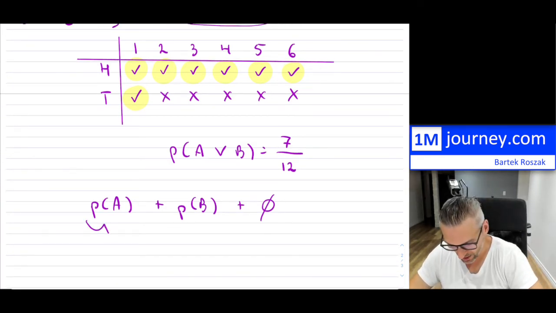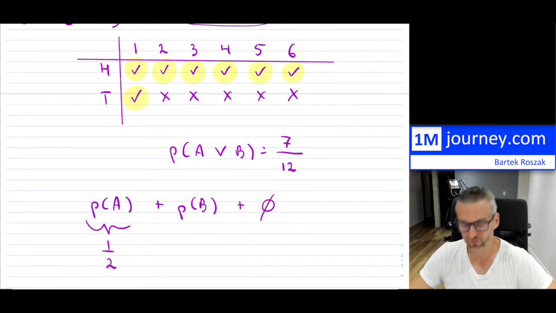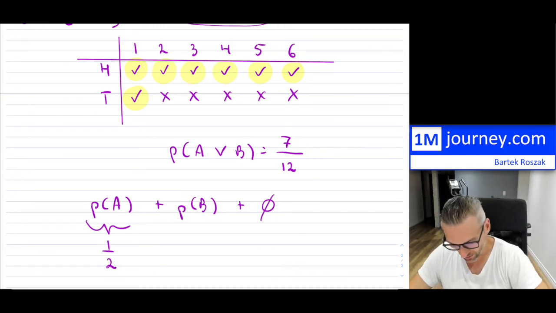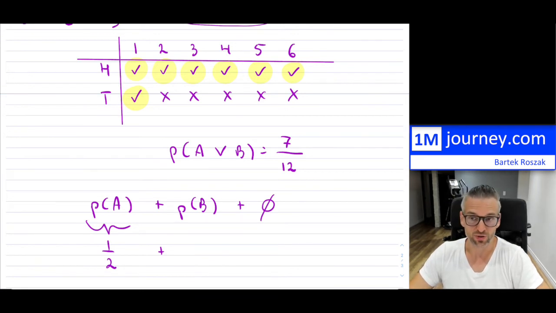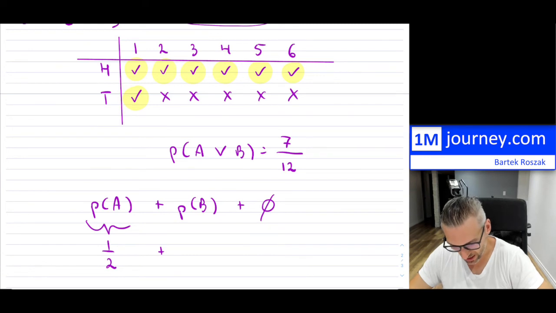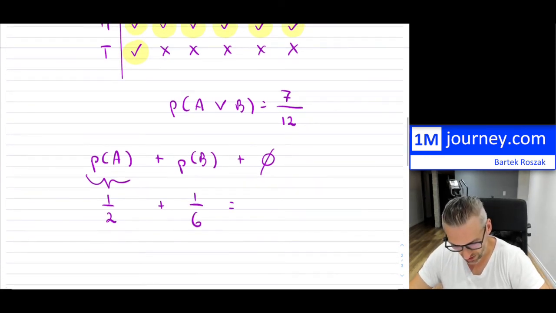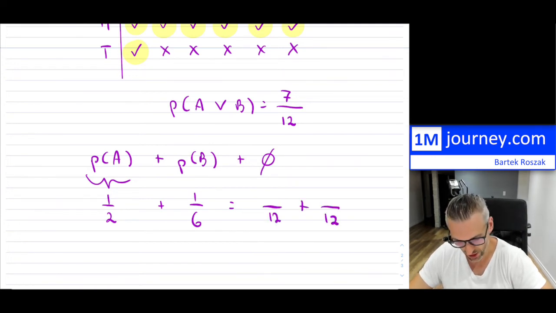Because the probability of A would have been 1 over 2, right? So that's seeing a heads. Plus you have now the probability of B, which is seeing a 1. Seeing a 1 is just 1 out of 6 on the die. And if we span it over 12 as a common denominator, this is going to be 8 over 12, which clearly is too much.